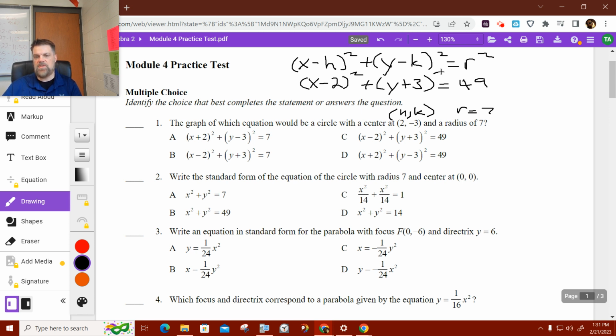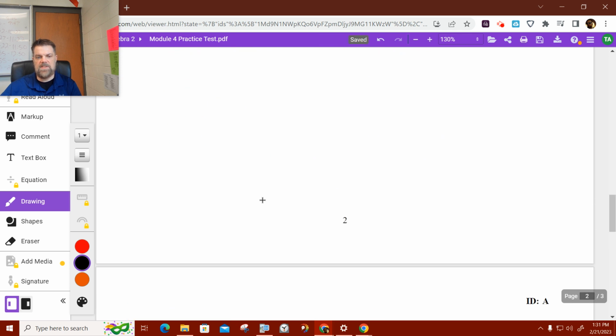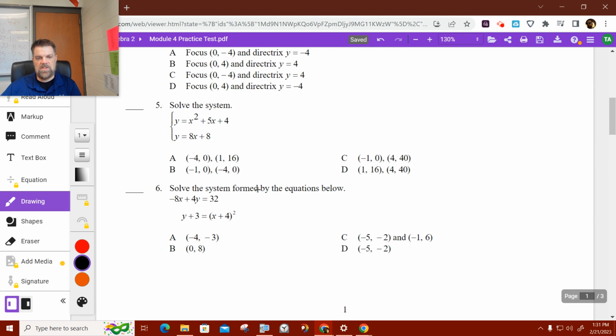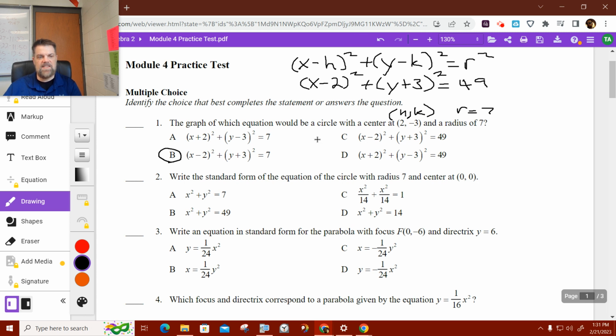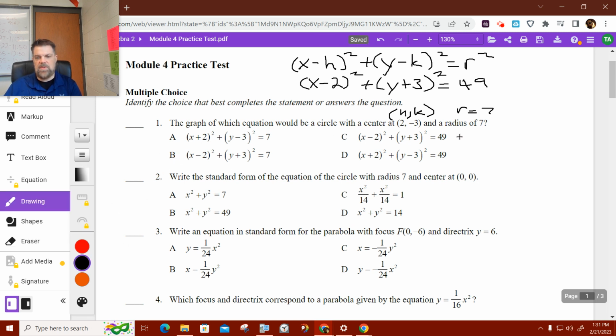Oops, I know I forgot this 2 here. So which one is that? Is that B? I think it's B. Let's see. Did I give myself the answers on this thing? Yeah. Oh no, it was C. Wait, somewhere I screwed something up. Oh, it's not B. It's actually C, right? I got to read the whole thing. It's C because it's 7 squared, not just 7.